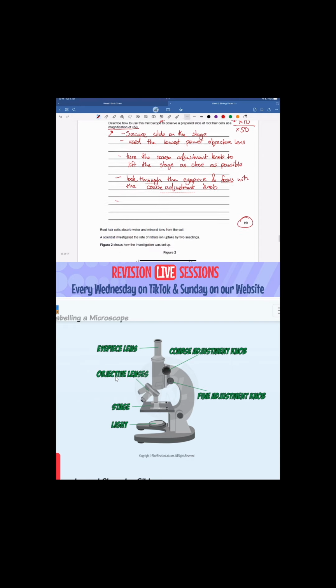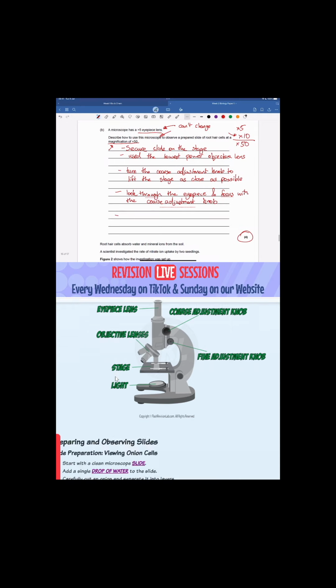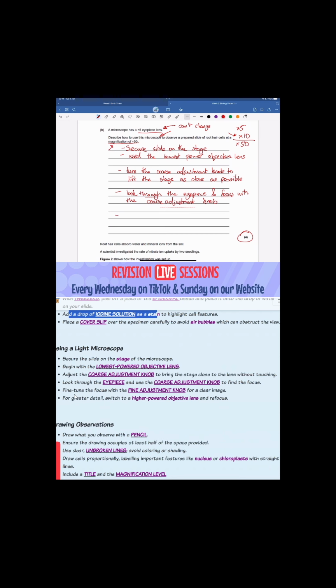So on this last step, because we want greater detail, we want to switch to a higher powered objective lens. You need to say what power that needs to be. So switch to the times 10 power objective lens.